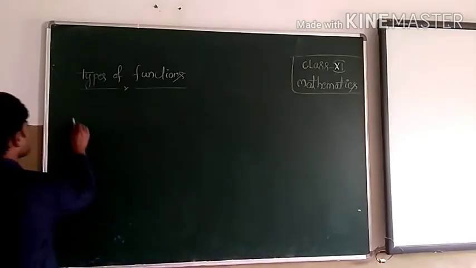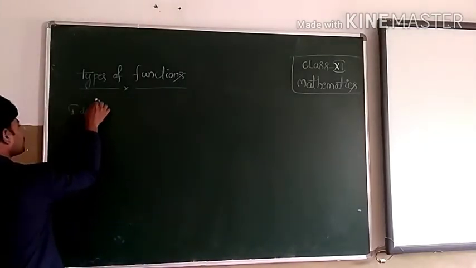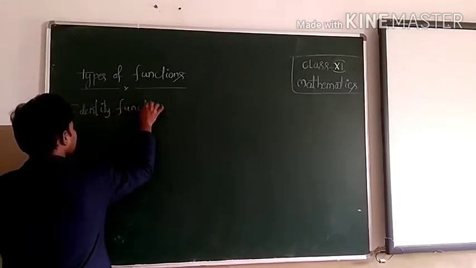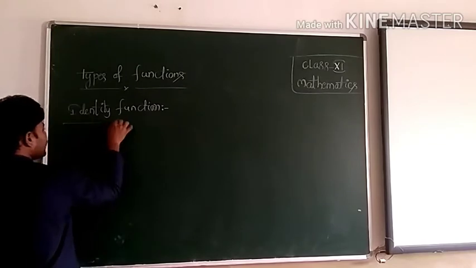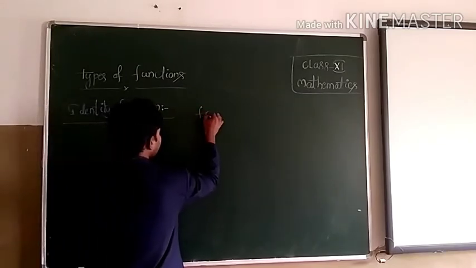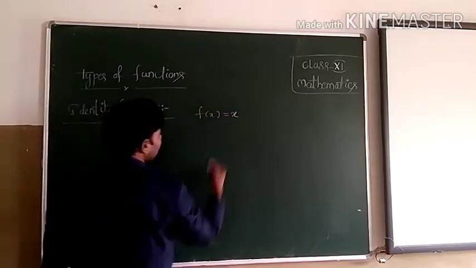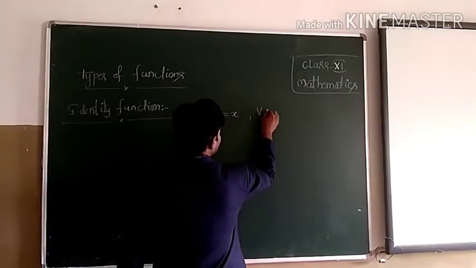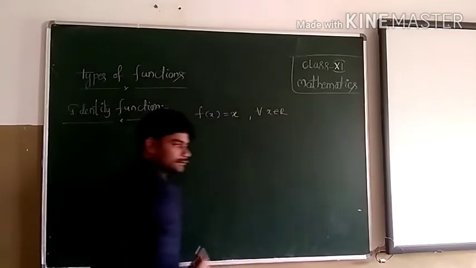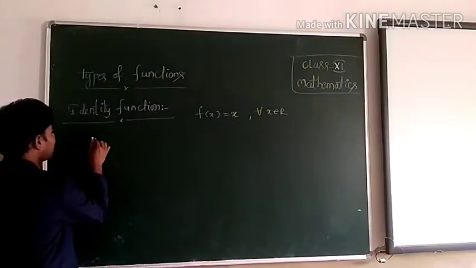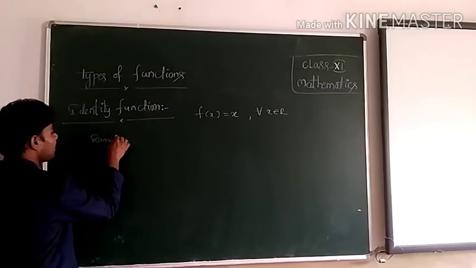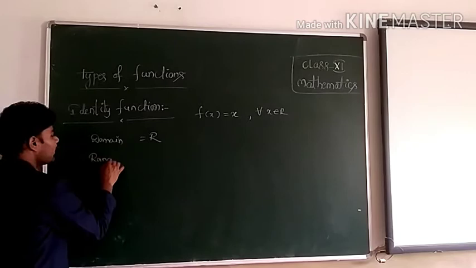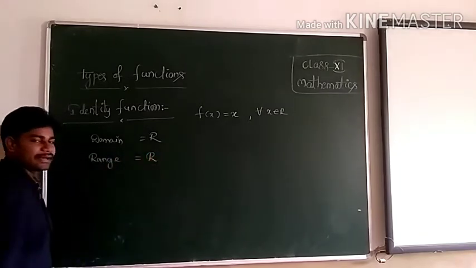The identity function is a function defined as f of x equals x for all x belonging to R. The domain of the identity function can be any real number, and the range also will always be a real number.